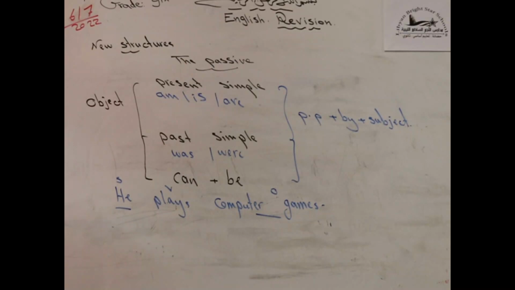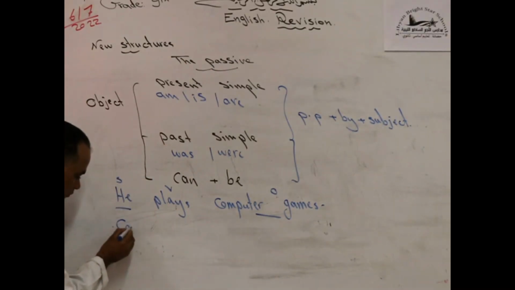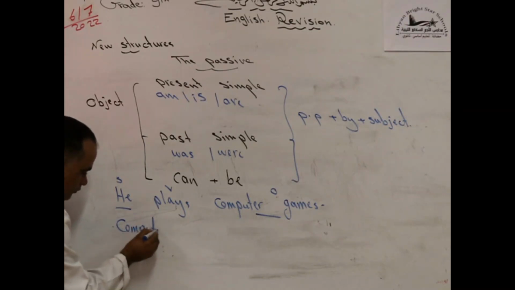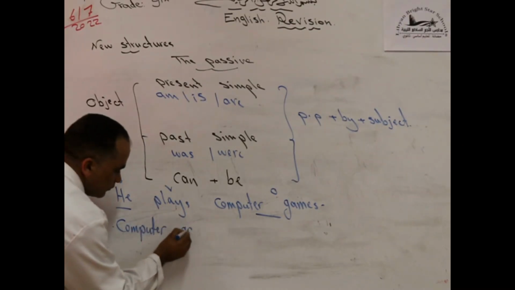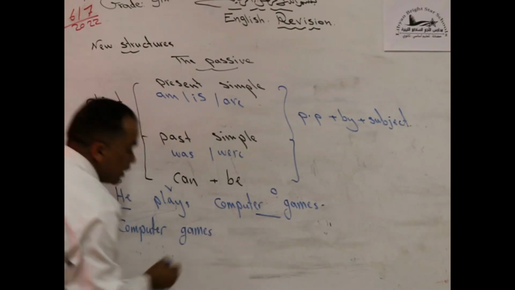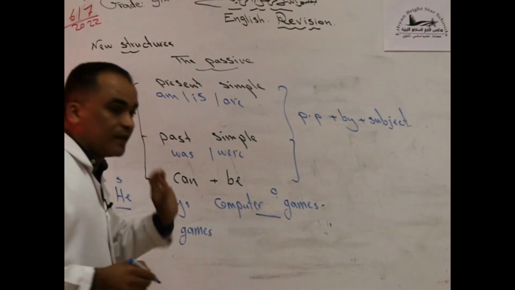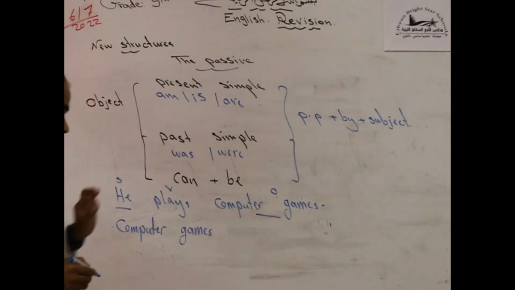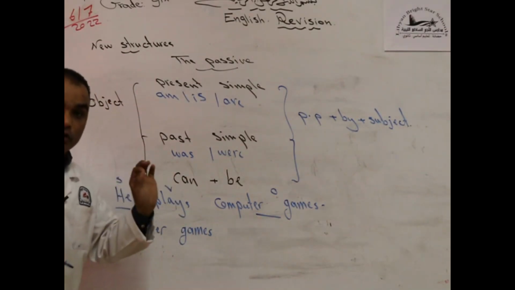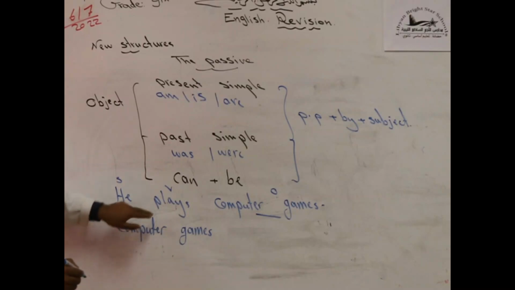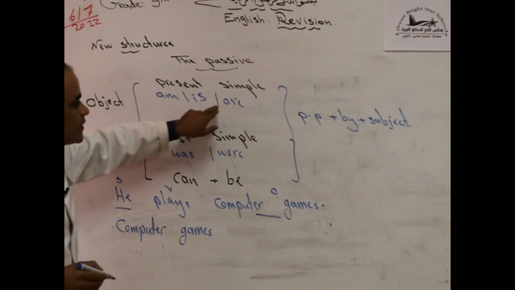The third step, start with the object of the sentence. Computer games. The fourth one, use verb to be according to the tense you have decided. The sentence here is in the present simple, so use am or is or are.